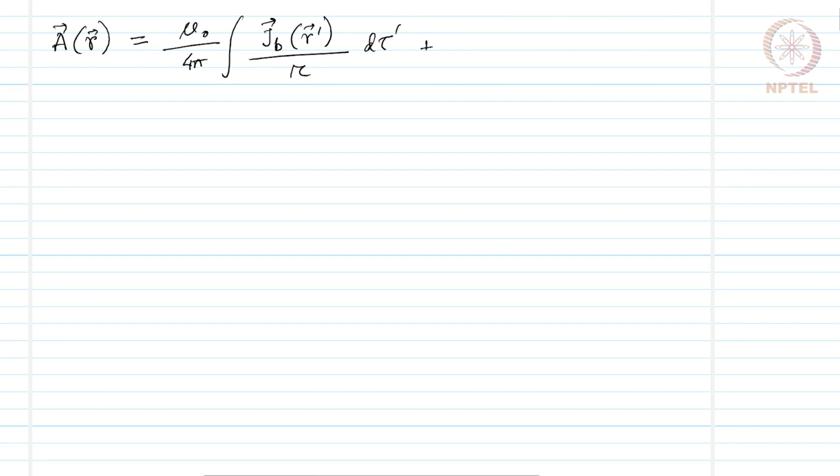So, the volume element comes here, plus mu naught over 4 pi integral, that is a closed surface integral, Kb, that is a function of r prime, over curly r dA prime. So, this comes from the bound surface current, and after finding this expression and the expressions for Jb and Kb, the volume and the surface bound currents, let us consider an example where we work out the vector potential, where we work out the volume and surface currents.